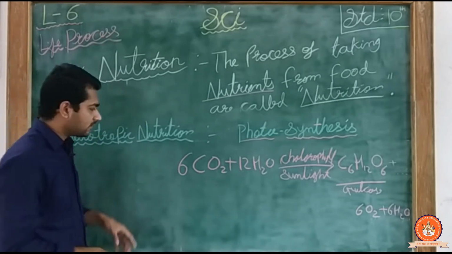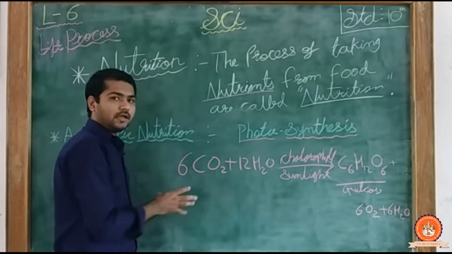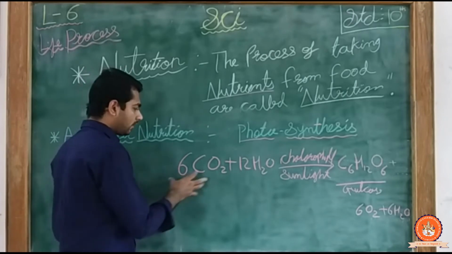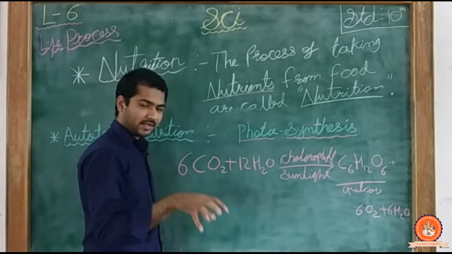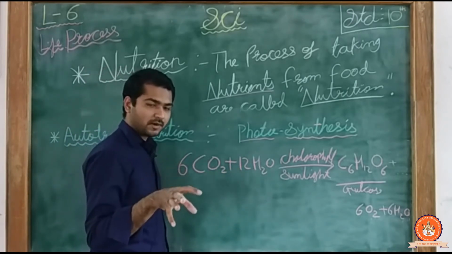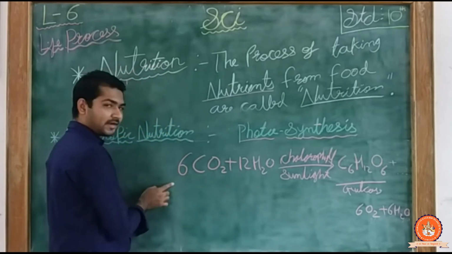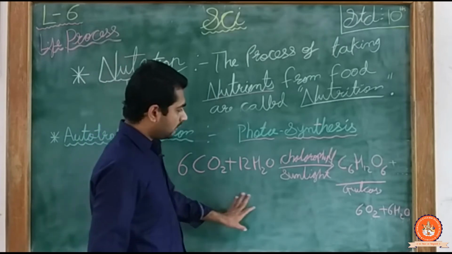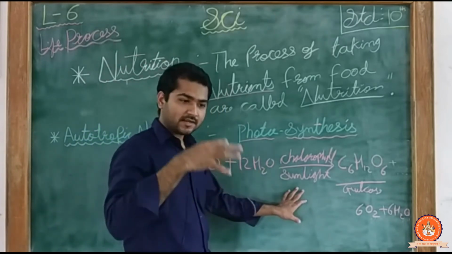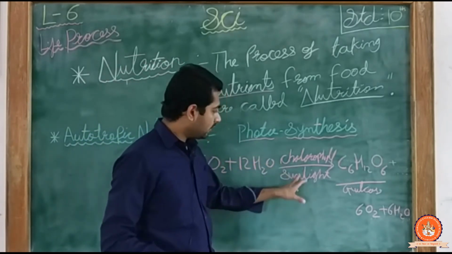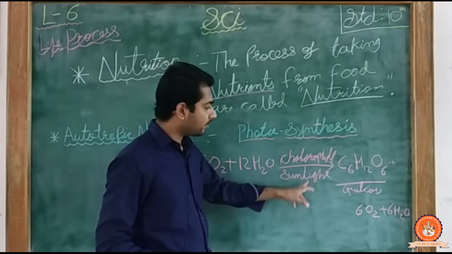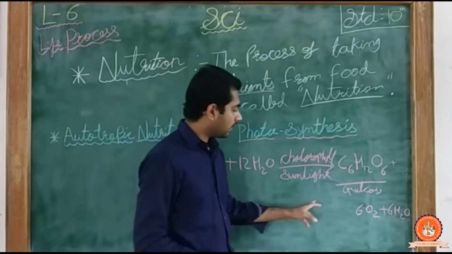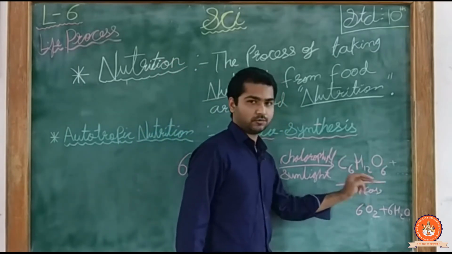Photosynthesis means the plant gets inorganic substances in the form of carbon dioxide, water, and other minerals, and in the presence of sunlight and chlorophyll, it produces C6H12O6.